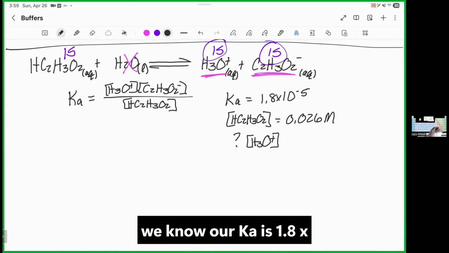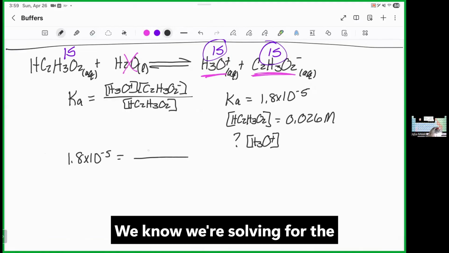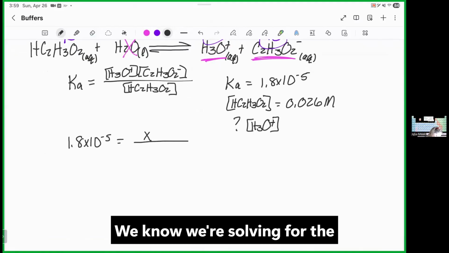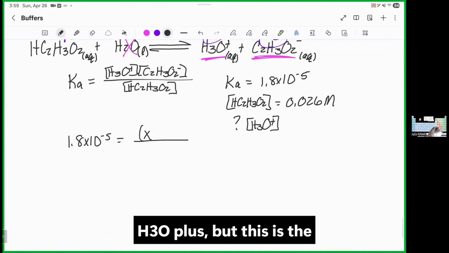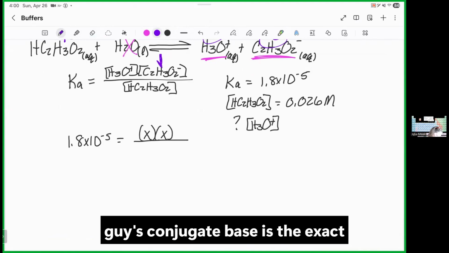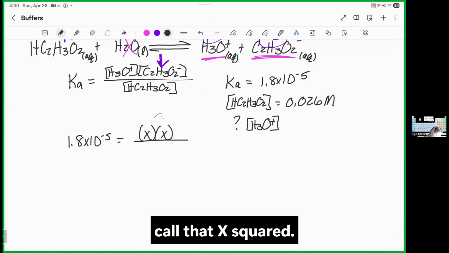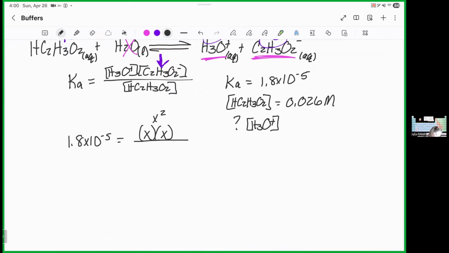We know our Ka is 1.8 times 10 to the negative 5. We know we're solving for the H3O plus, but this is the exact same concentration as the conjugate base. So we could just call that X squared.